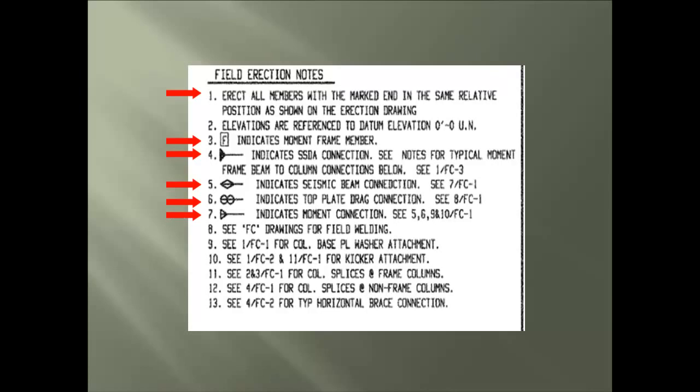With the last arrow revealing the moment connection symbol. And lastly, we see a series of numbered items asking to view other sheets for information on items such as the field welding, base plate washers, column splices, and brace connections.